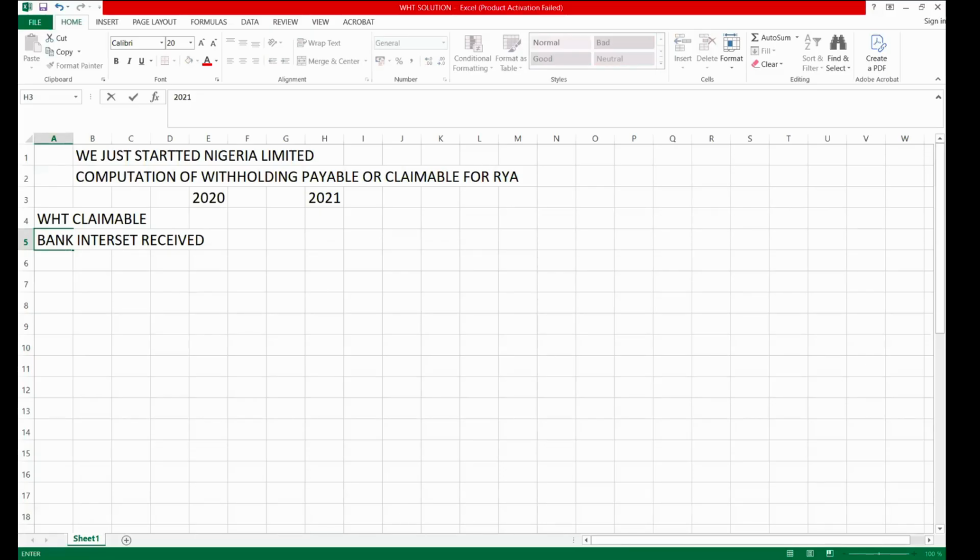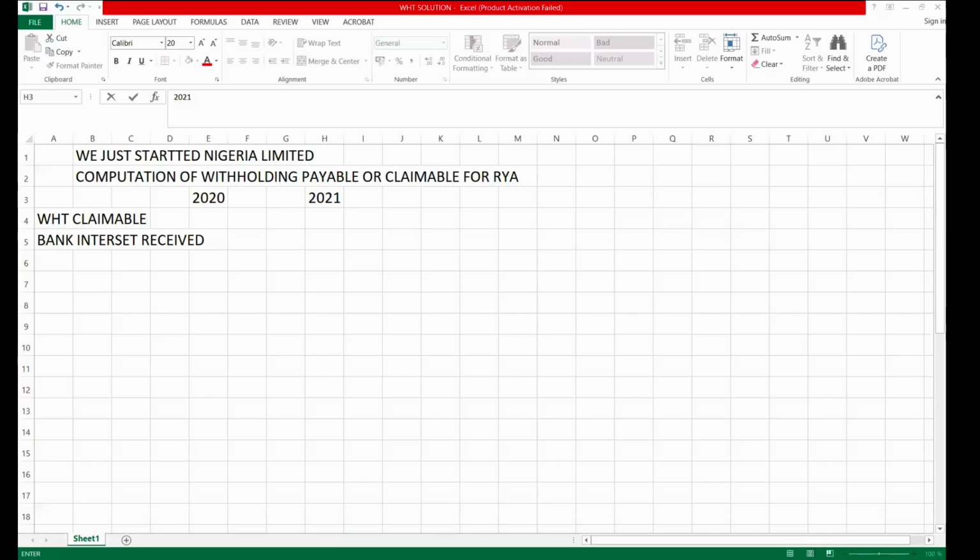What that means is that, since we are given that information net, this company did not collect the full amount of that income. They only collected the amount less withholding tax. So they are supposed to collect 100%, but they collected 100 minus withholding tax, 100 minus 10.